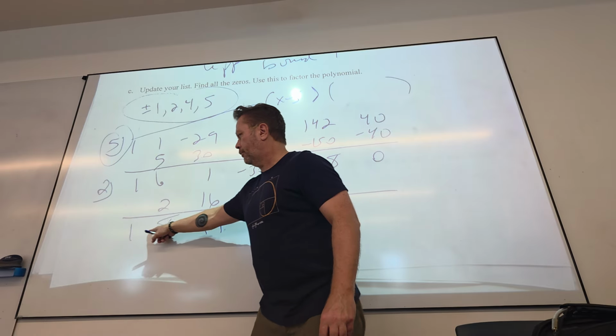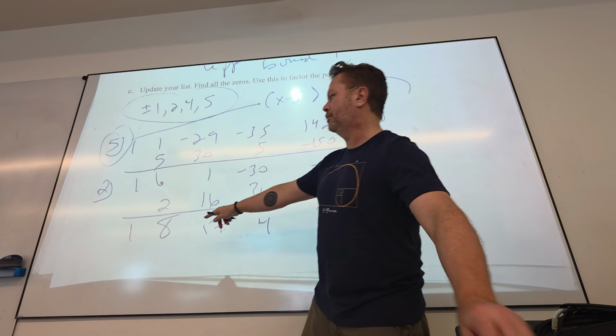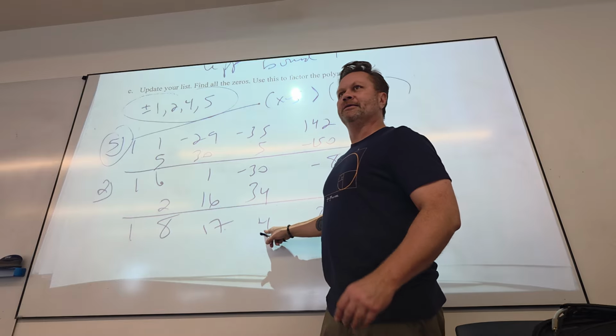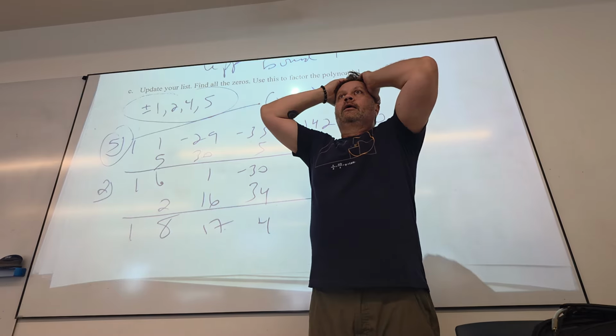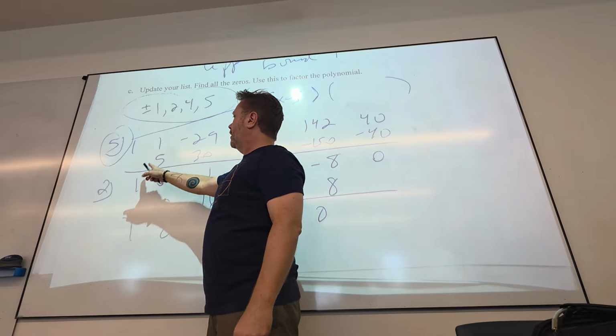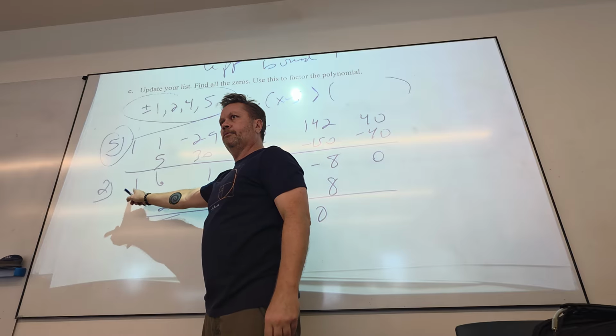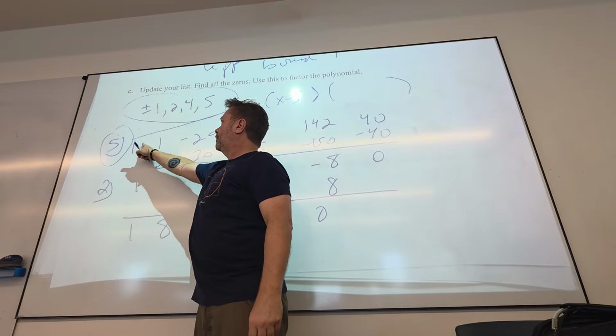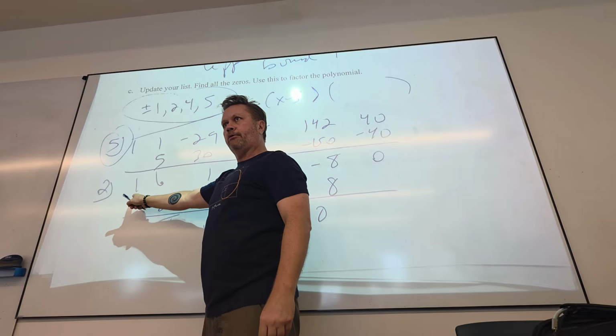This is the polynomial I'm working with right now. Does anyone know what polynomial this is? X to the 4th plus 8. What was the power we started with? Yeah. 5th. So I divided once, didn't I divide once here? So that would be x to the 4th.